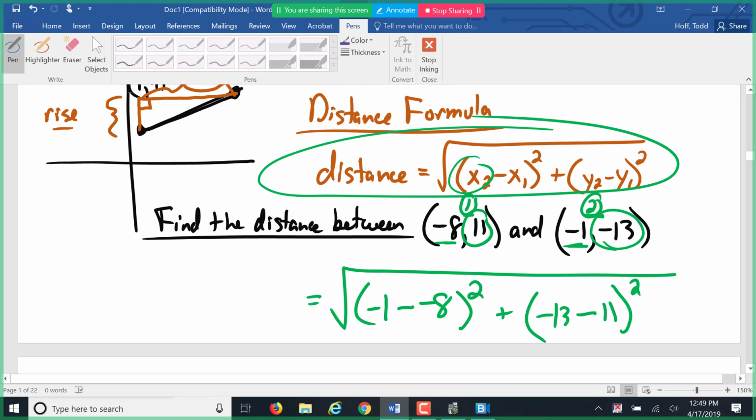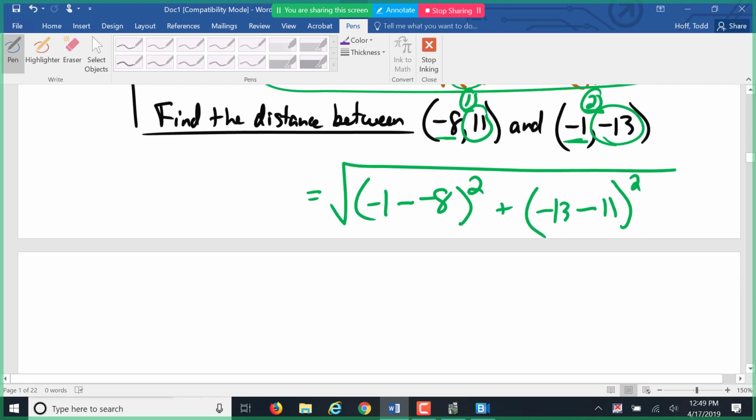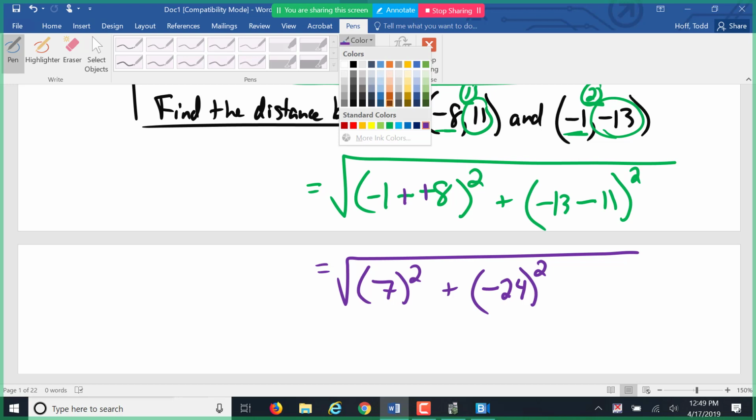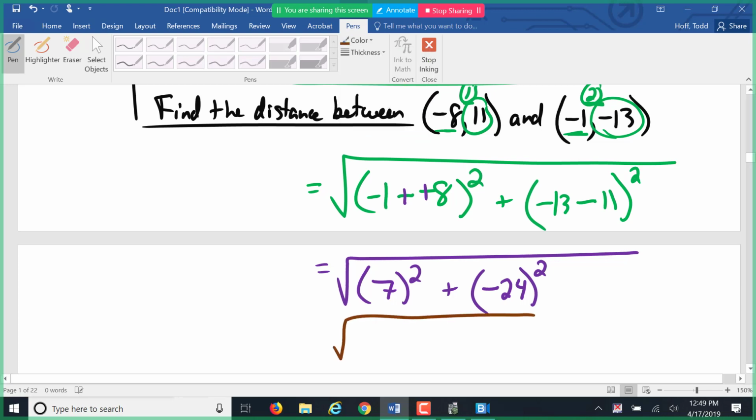With it in this form, of course, we can just punch it in the calculator now if we want to. I'm going to go ahead and work it out by hand. -1 minus a -8. Remember, that becomes plus 8, so that would be 7 squared plus -13 minus 11. -24, good. 7 squared is 49. 24 squared is 576.